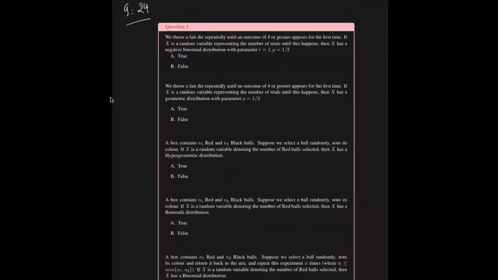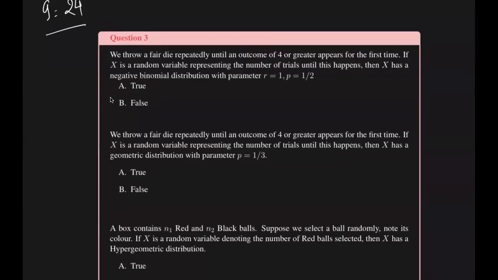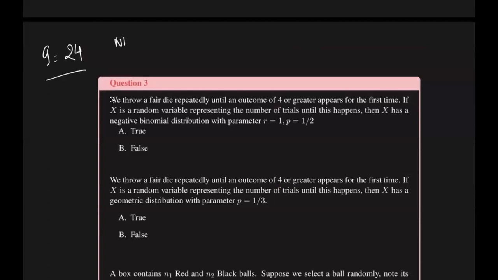Okay, so for the first one, we throw a die until an outcome of 4 or greater appears for the first time. This actually matched the description for negative binomial. Negative binomial distribution is for the number of trials until the rth success.